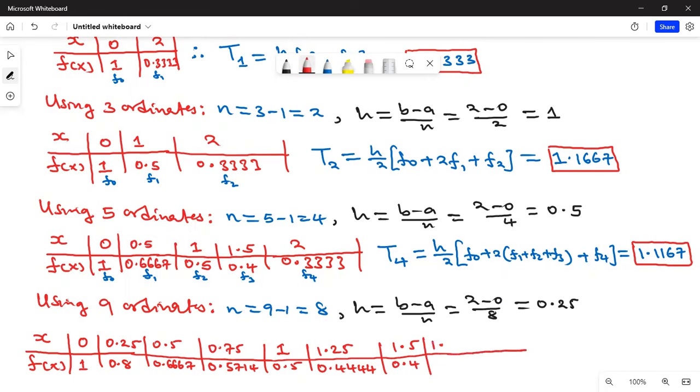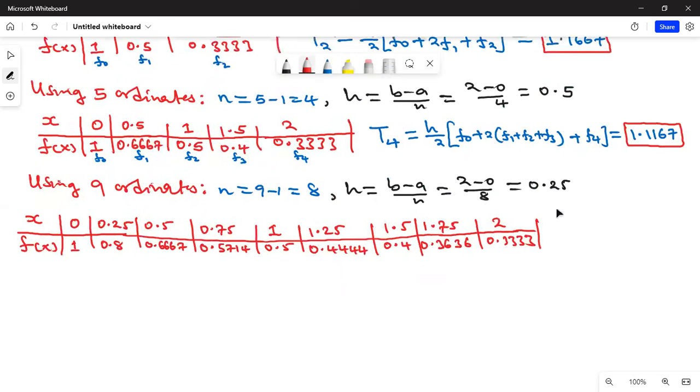That will be 1.75. And now here we'll have 0.3636. And finally, we get to 2. That will give us 0.3333. So that is when we have 8 subdivisions.